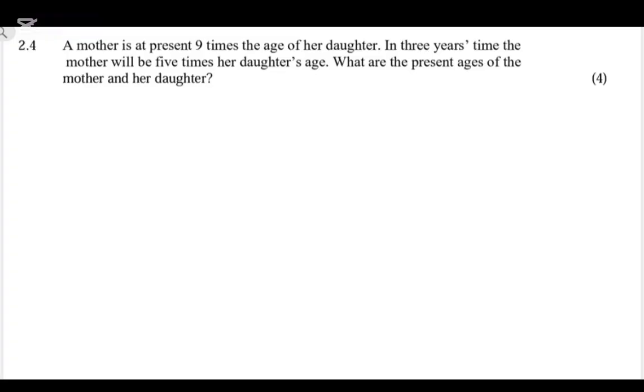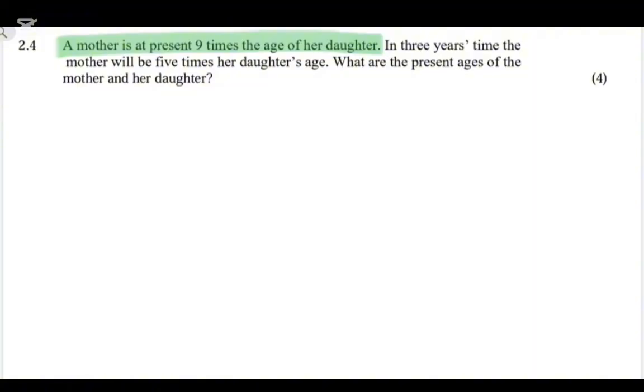So we need to create an equation, guys, and the way that I always attack this type of question is the following. I use a table to create an equation and understand what is happening here. If you read the first line here, which is this one, it talks about the present moment. They say a mother is at present 9 times the age of her daughter. So this is for now.